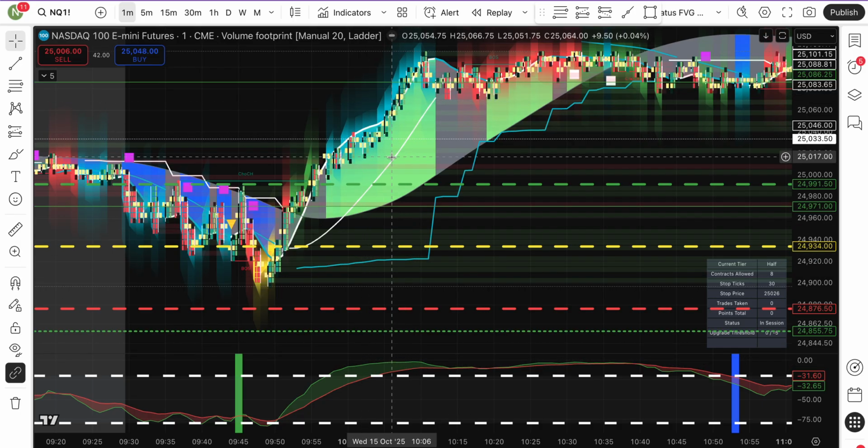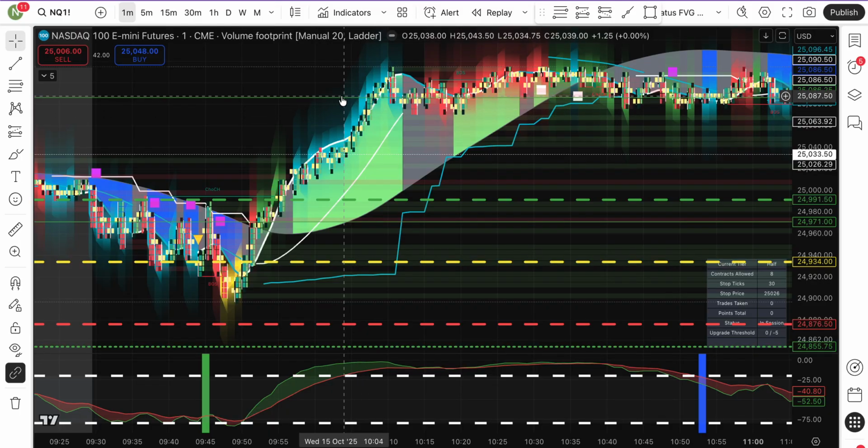Me personally, I feel confident with the safety line trailing me right there, and I want to make it to that magnet level.